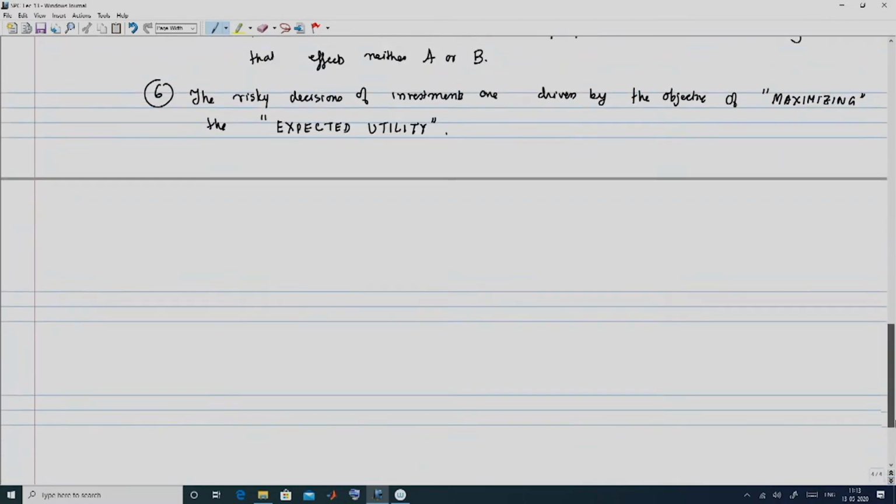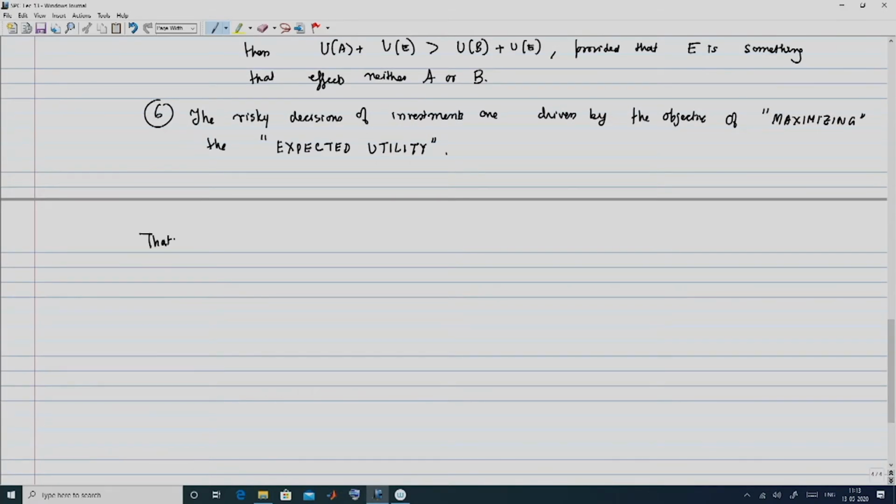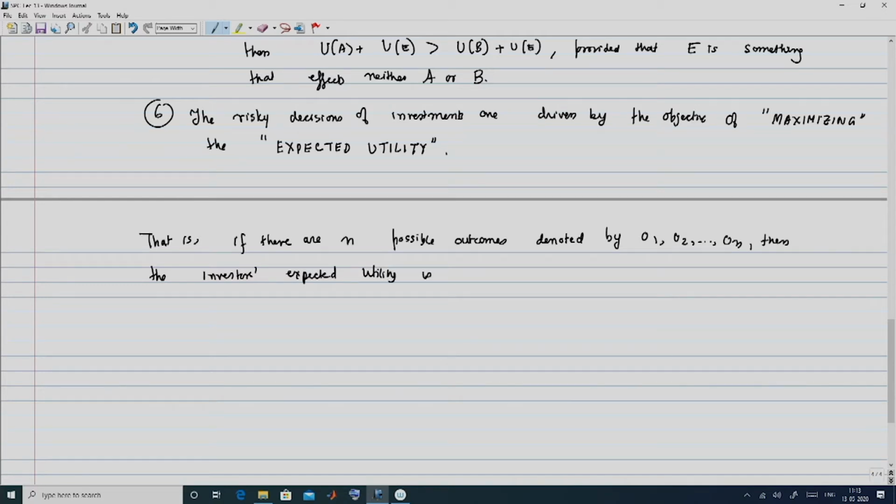So, just to elaborate on this, that is, if there are n possible outcomes, so this could be alternative investments, which you denote by O1, O2 all the way to On, then the investor's expected utility is what?